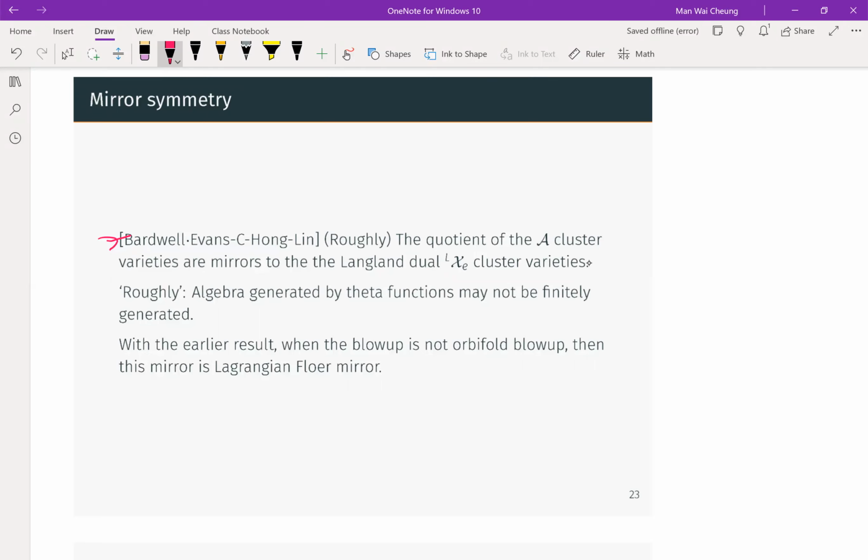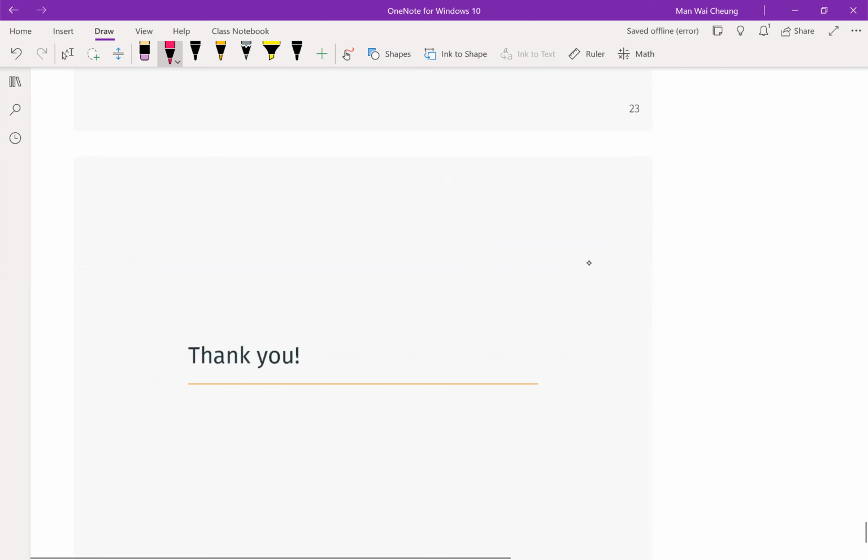But that construction is only for the monomorphic case, which is when we do the closure, the e_i are still primitive. In that case, we can say it is not only an algebraic mirror, it is also a Lagrangian Floer mirror as well. And yes, I'm going to finish early.